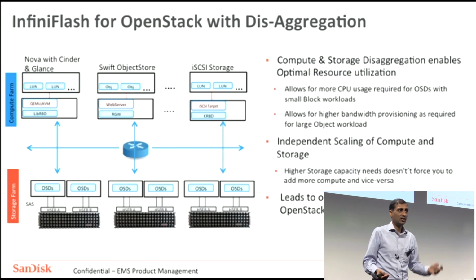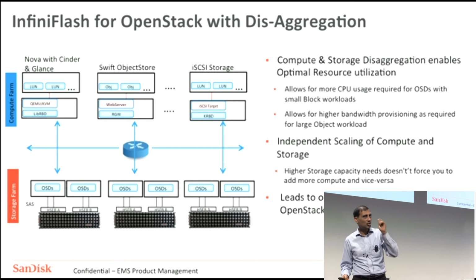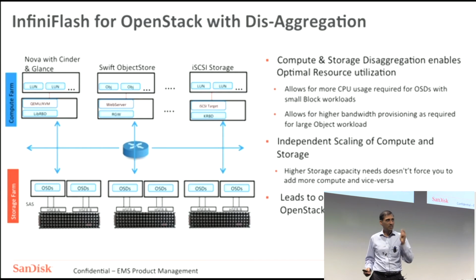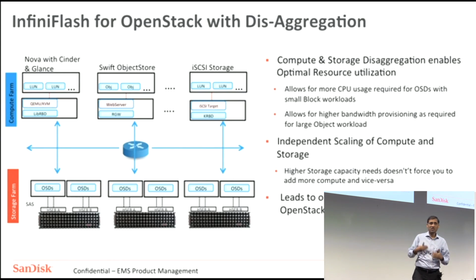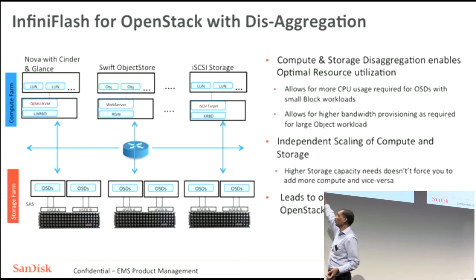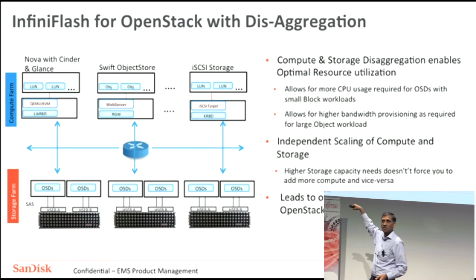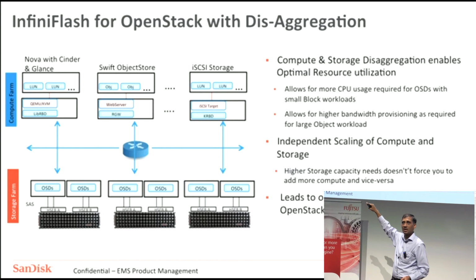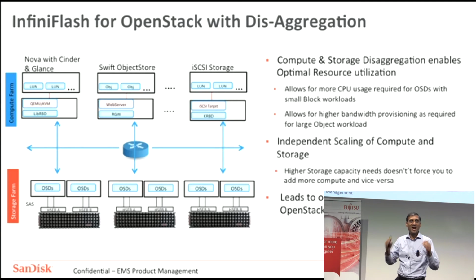So it is very important for them to tune the configuration very specifically to the amount of compute, storage, and network that they need, right? As a quick example, if you're running a small block workload, a 4K block workload, you need a lot more CPU processing. So here you could just add more OSD nodes without having to add more InfiniFlash storage, right? You can address the small block workload within that cluster by adding more CPU nodes, more OSD nodes.